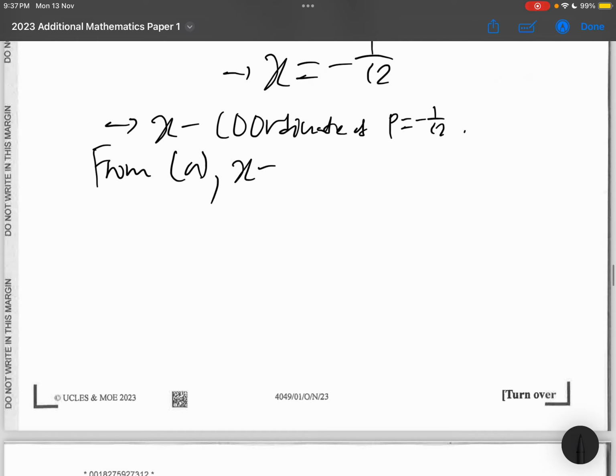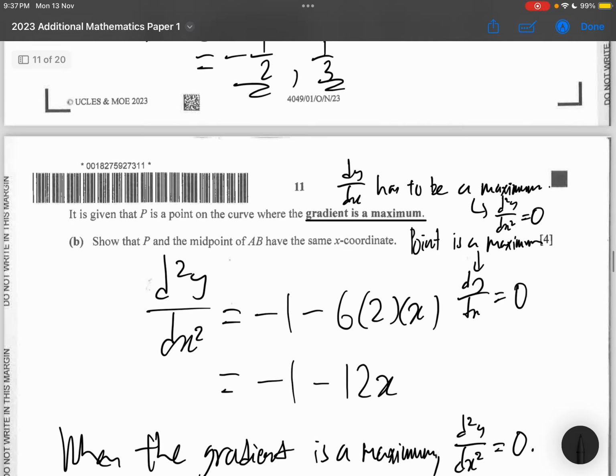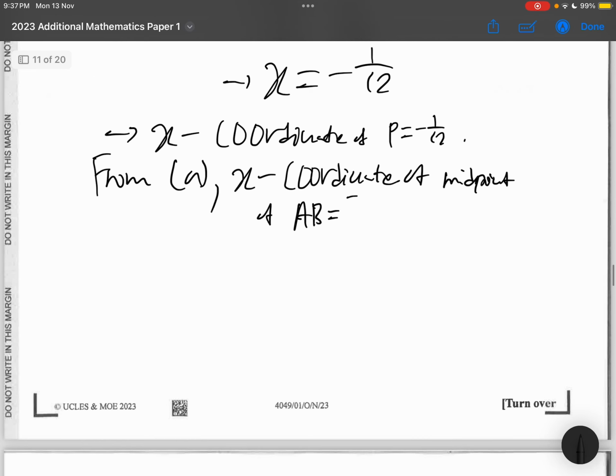The x coordinate of the midpoint of AB, which is negative 1/2 plus 1/3 over 2, which is negative 1 over 12.